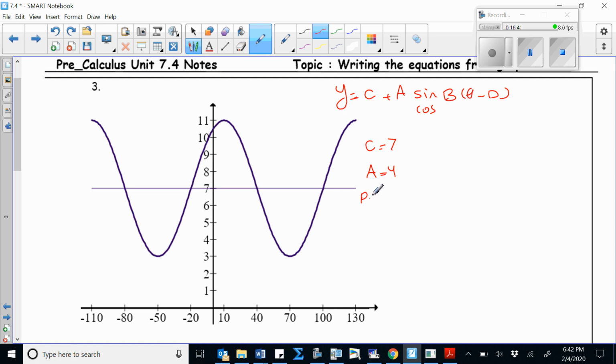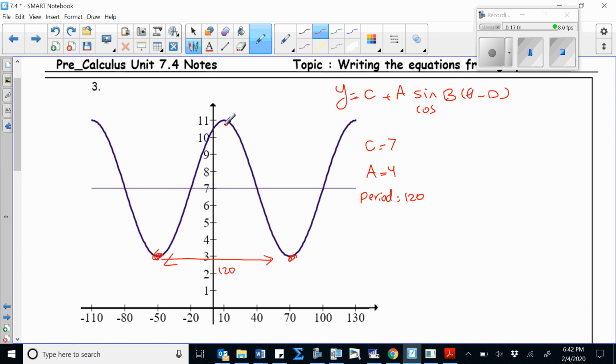Then I need to find the period first. To find a period, take two consecutive low points. So from negative 50 to 70, we have 50 here and 70 here. If you add them, it will be 120. So the period of this function is 120.